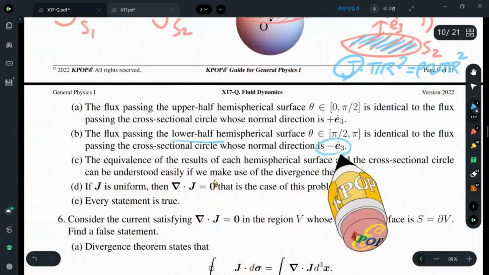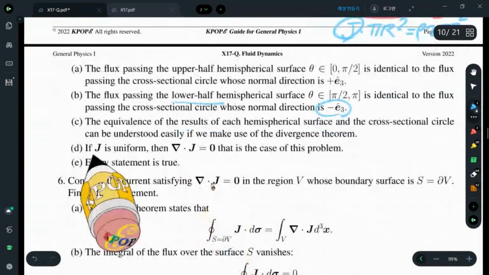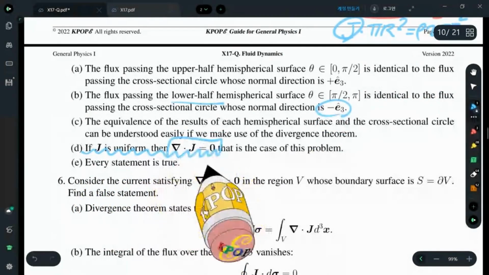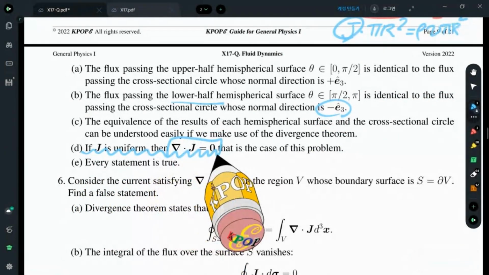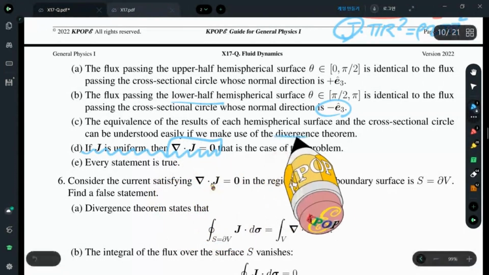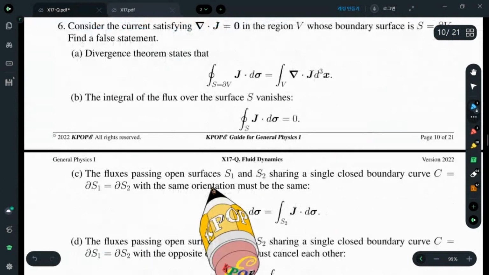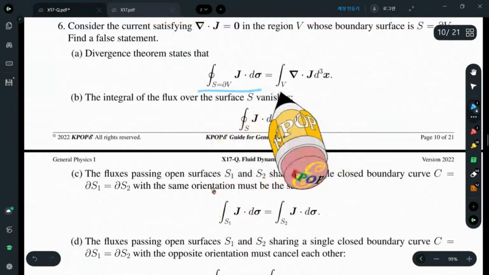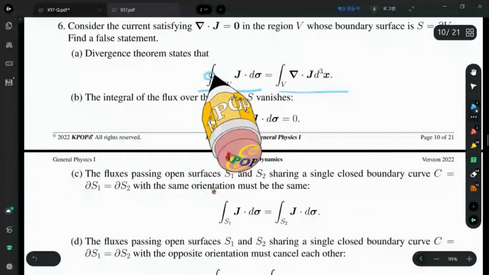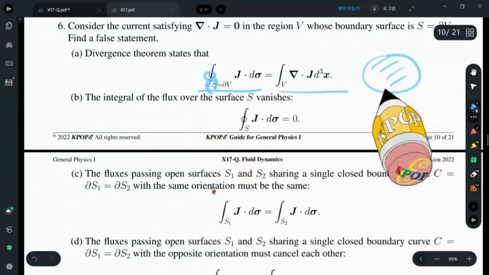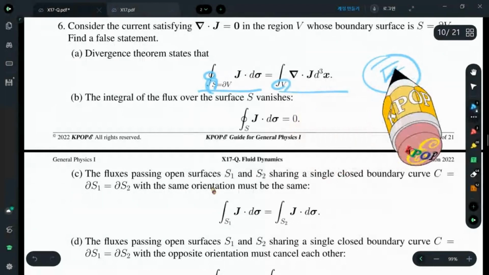Lower, the same. The main reason is divergence J equals 0, and we have made use of the divergence theorem. The divergence theorem is stated for a closed surface, and that closed surface is the boundary of a volume.